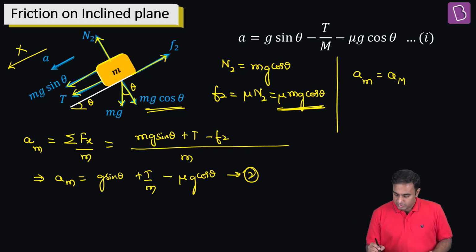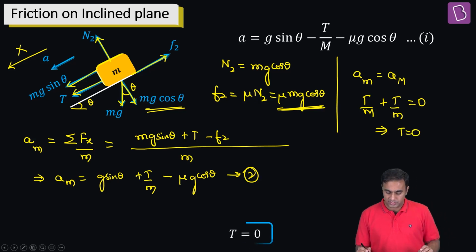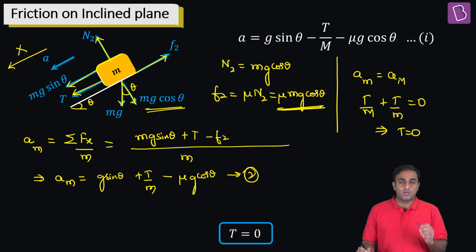What you have is only 2T by... You will get T by capital M plus T by small m to be 0. And this is possible only when T is equal to 0, or the tension in the rope connected between the two blocks will be 0.